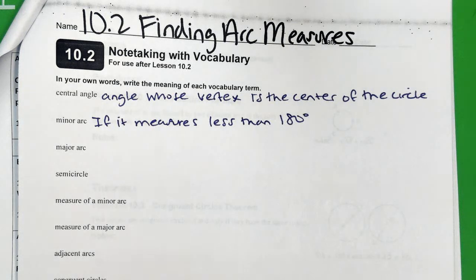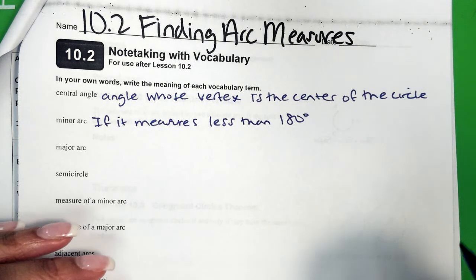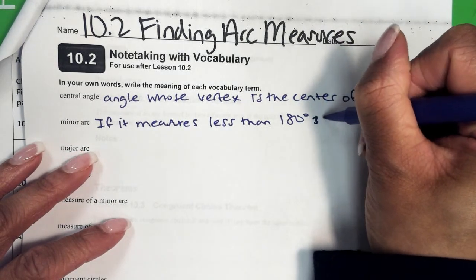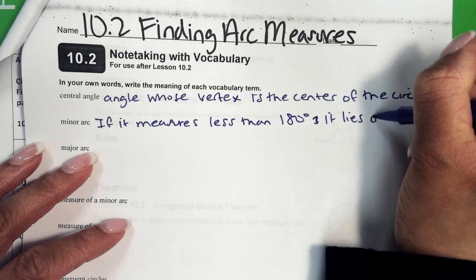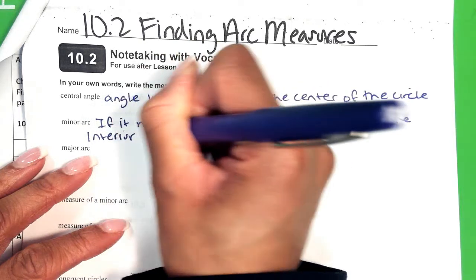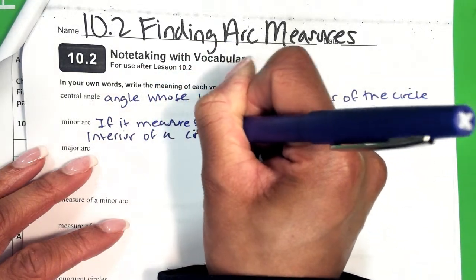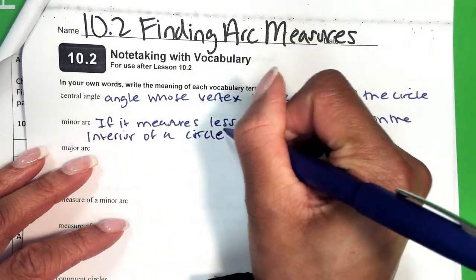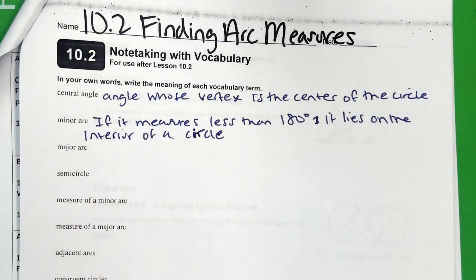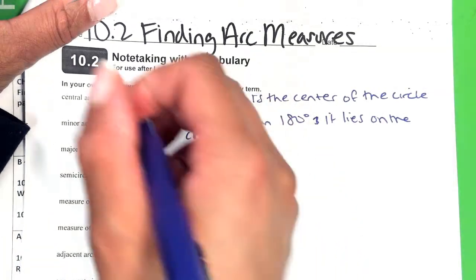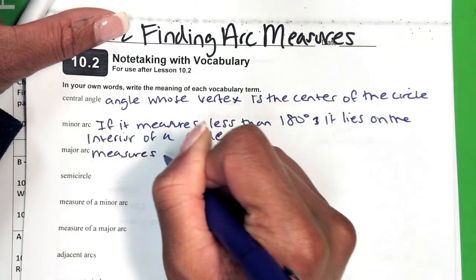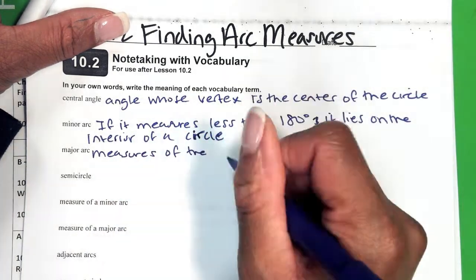So a minor arc is if it measures less than 180 degrees and it lies on the interior of a circle. Now I will draw pictures of this momentarily, but let me get through major arc. Major arcs are the measures of the exterior.